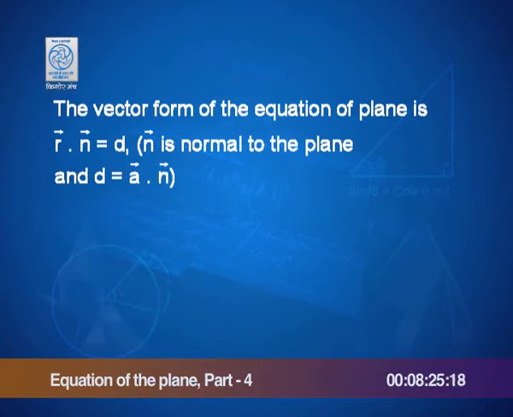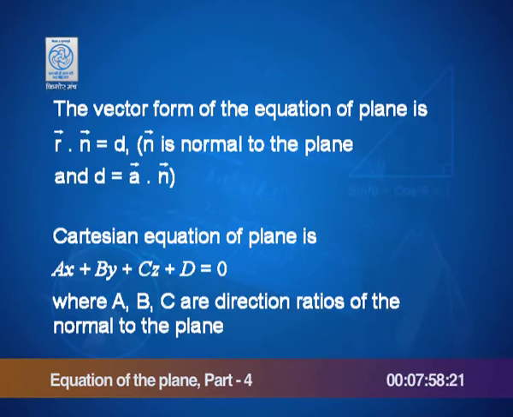If we revisit the two things that we have discussed so far, the vector form of the equation of the plane is given as vector r dot vector n equal to d. Now, vector n is a normal to the plane and d is that quantity that would simplify if you find vector a dot vector n. In Cartesian, after simplification, the equation of the plane in general will always simplify down to a linear equation in x, y and z in the form ax plus by plus cz plus D equal to 0.